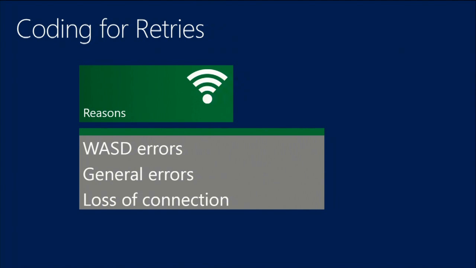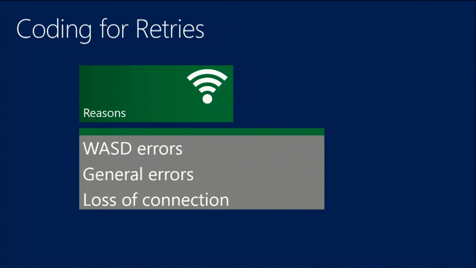One line of code to define your retry policy, and then it's just a wrapper around the SQL connection class. It's called ReliableSqlConnection, and you define how many times you want to retry and the wait between retries. Done, right? And we'll talk about the error codes that may come back, because when you're coding for retries, you want to know what kind of errors you're getting back.